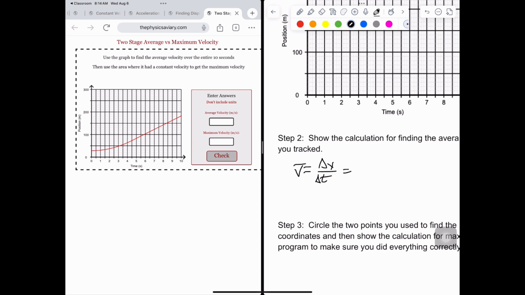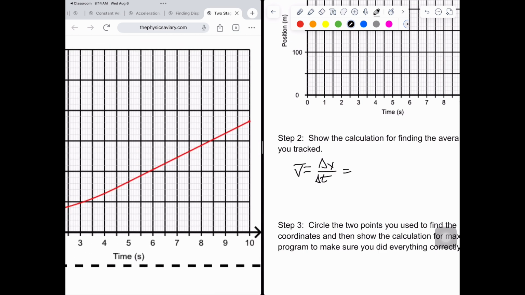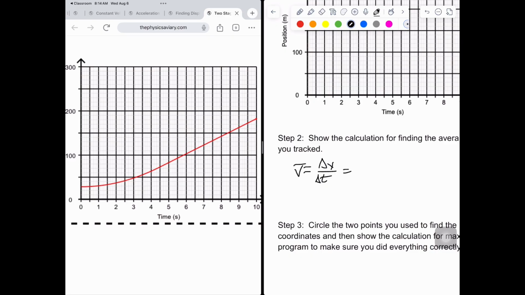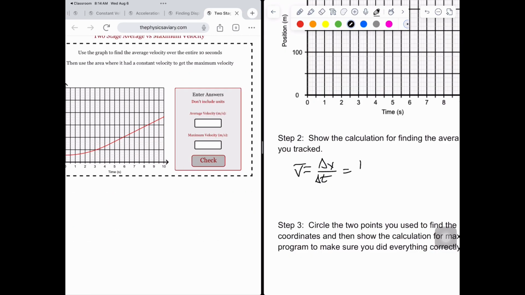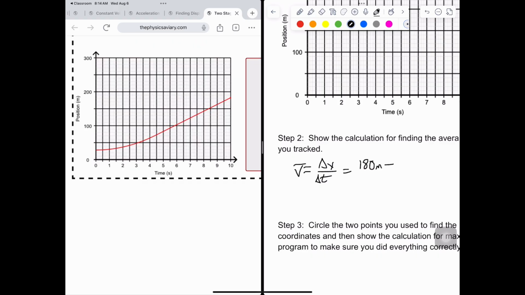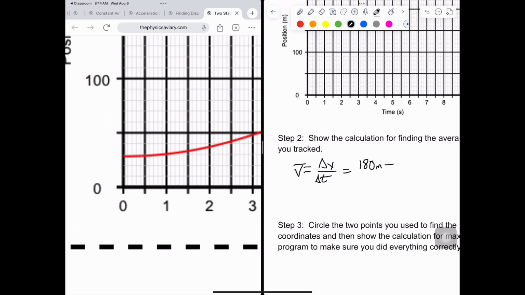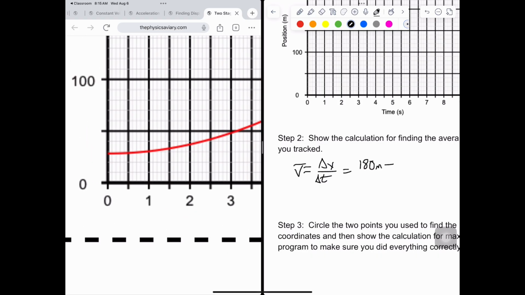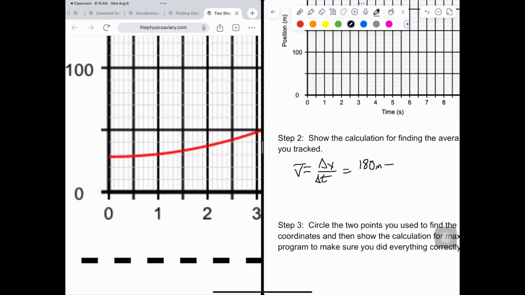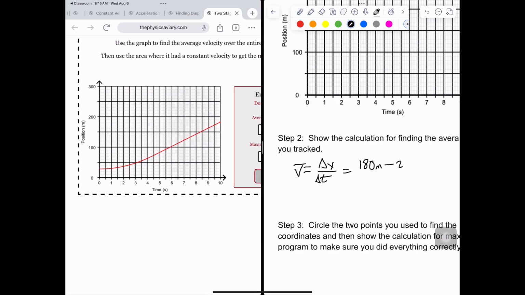Okay, so the total displacement on there, you can see my car gets to a position of about 180. It started not at 0, but at a position of a little less than 30, I'll say 29.